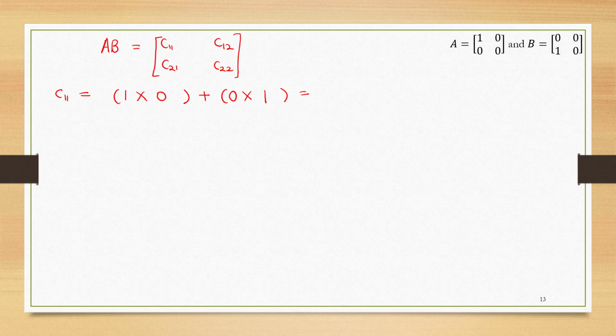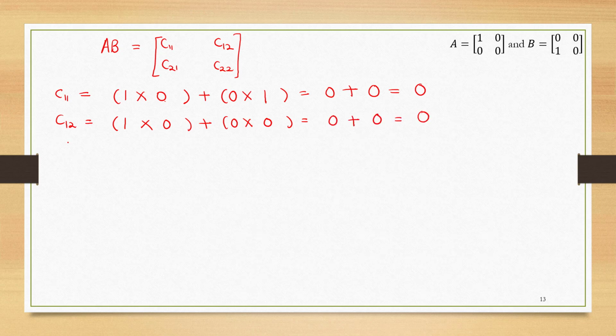So 1 into 0 is 0, 0 into 1 is also 0, so the answer is 0. C12, again first row of A and second column of B, that is 0, 0. So we get 0 plus 0, again 0.